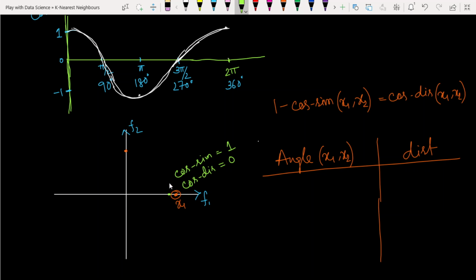Now we simply increase this angle from here to here. I am just moving this point in this direction.